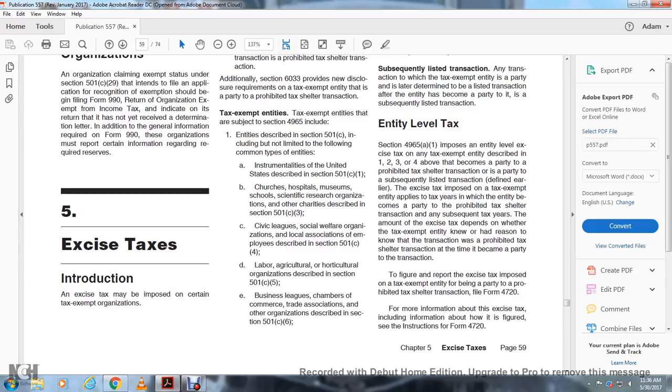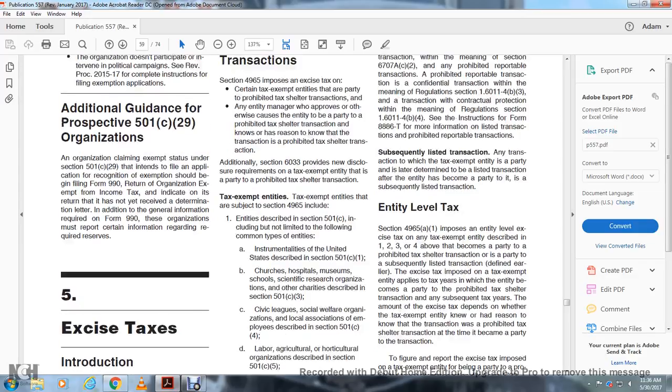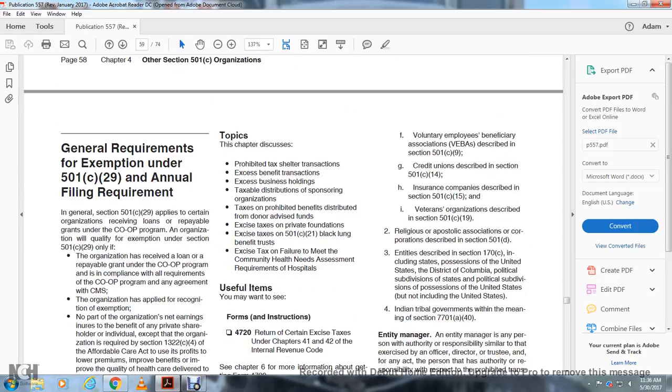Civil leagues, social welfare organizations, and local associations of employees described in Section 501(c)(4). Labor, agricultural, and horticultural organizations described in Section 501(c)(5). Business leagues, chambers of commerce, trade associations, and other associations described in 501(c)(6). Voluntary Employees' Beneficiary Associations, or VEBAs, described in Section 501(c)(9). And credit unions described in Section 501(c)(14).